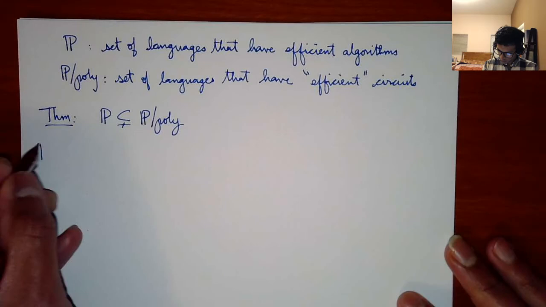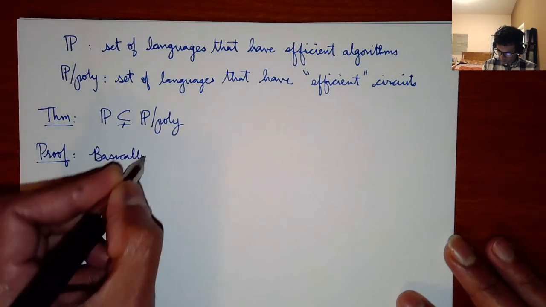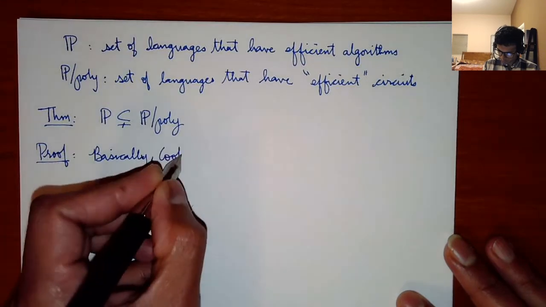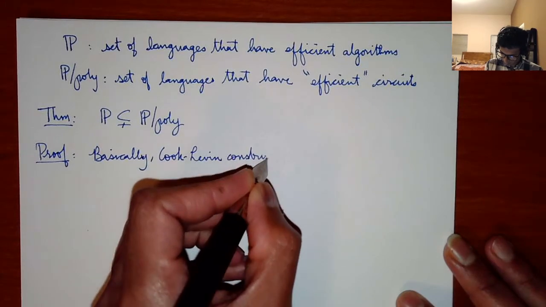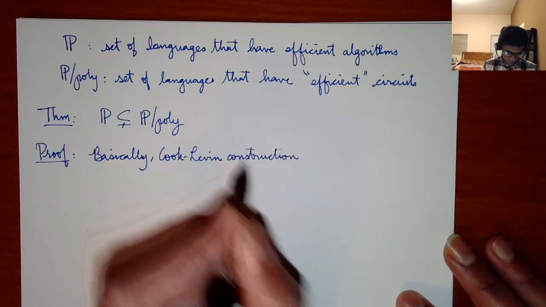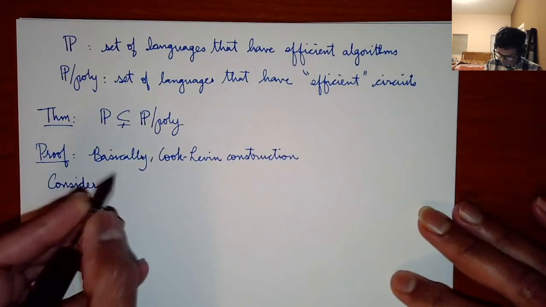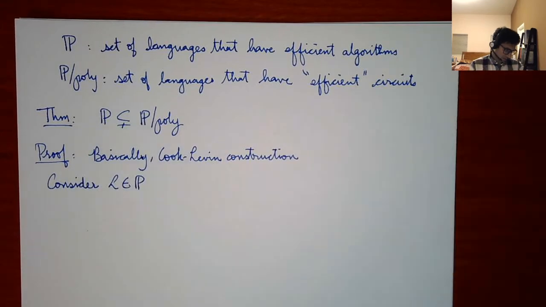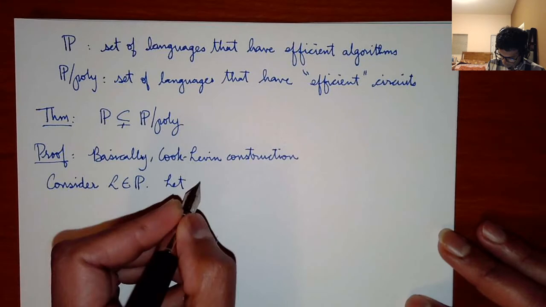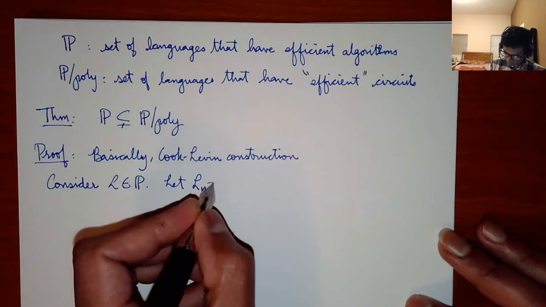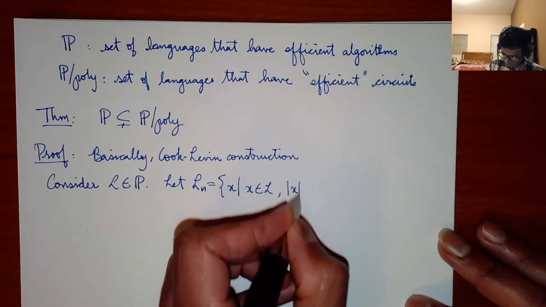And the proof is basically the Cook-Levin construction. So consider L in P and let L sub n be all the elements in L whose length is n.